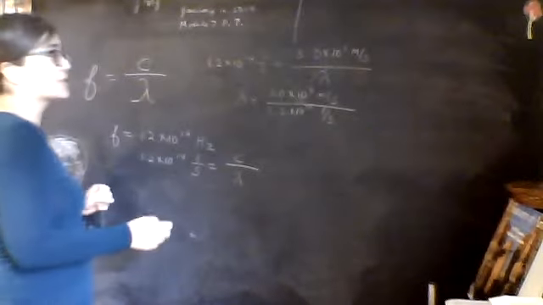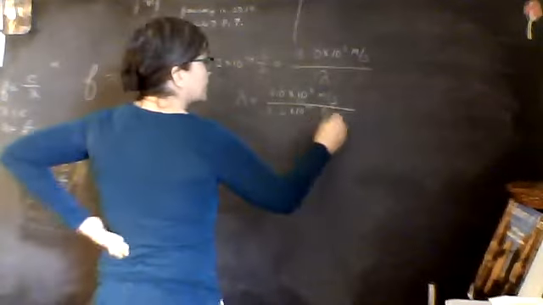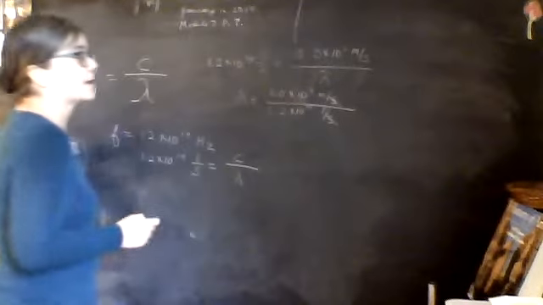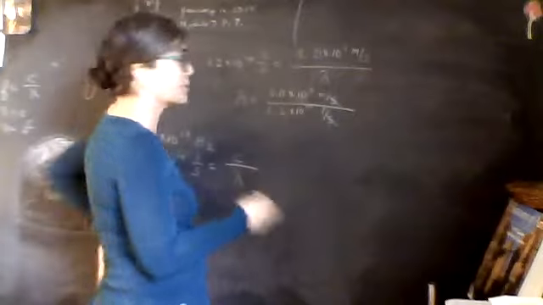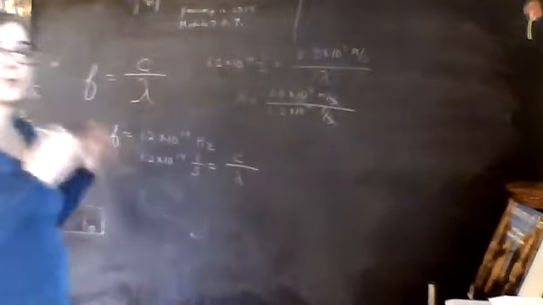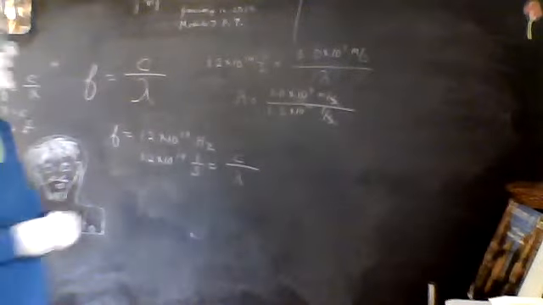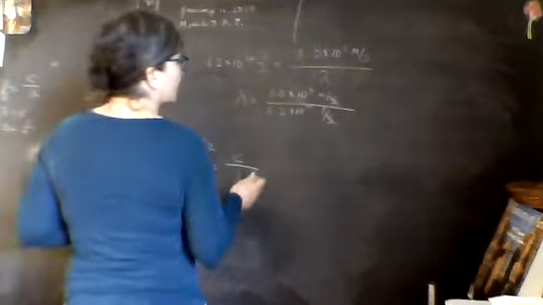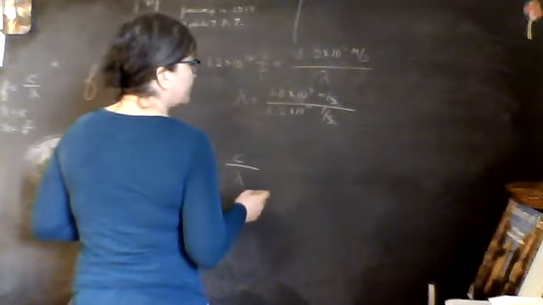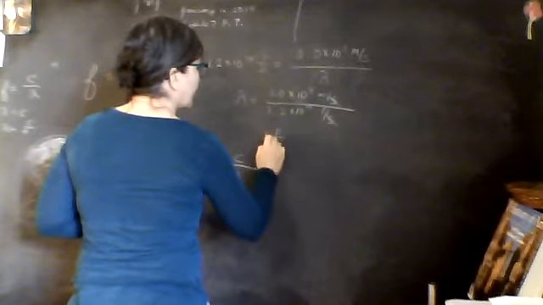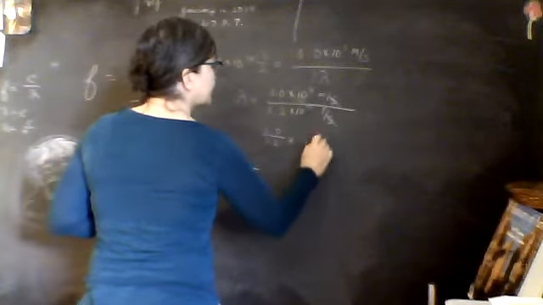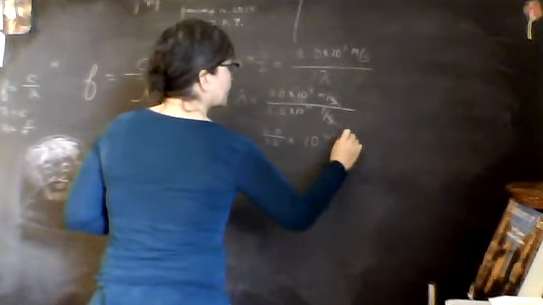The seconds get rid of each other, so we end up with units of meters, which is what we want for wavelength. So we have 3.0 divided by 1.2 times 10 to the 8 minus 14 meters.